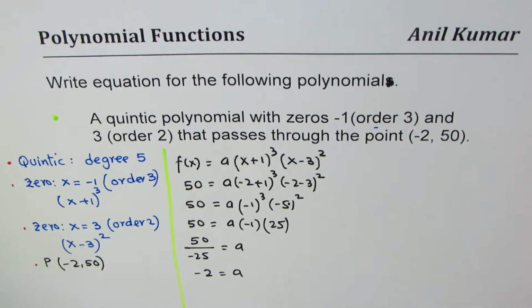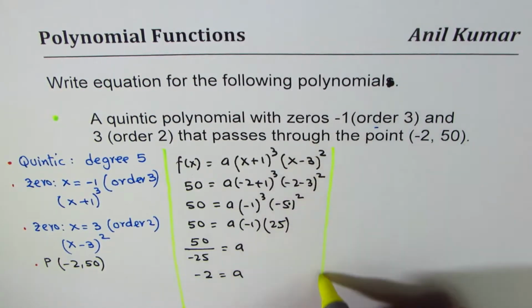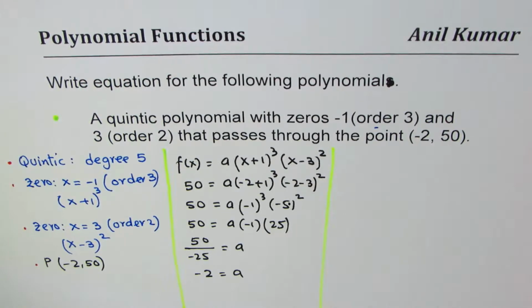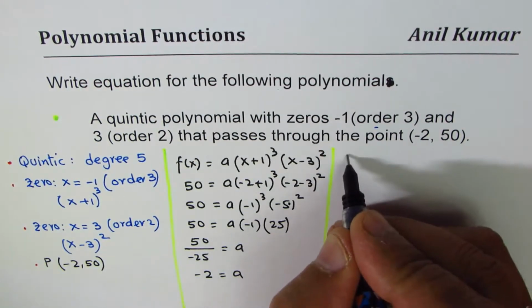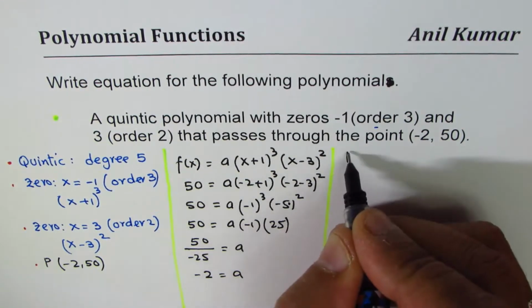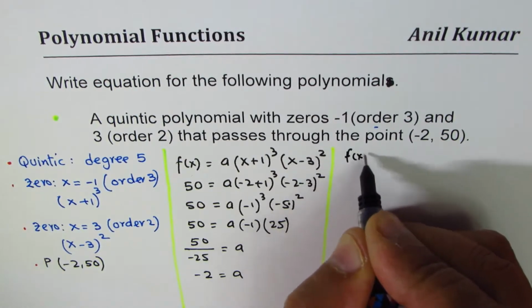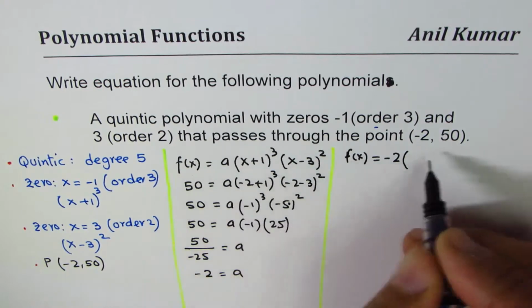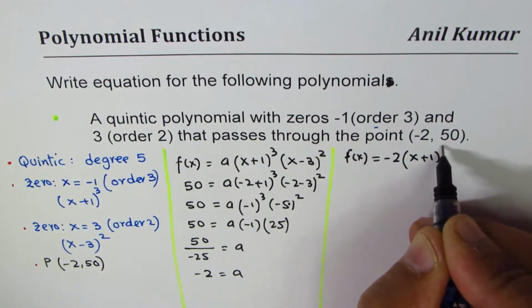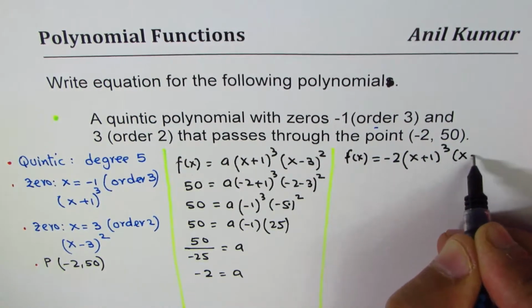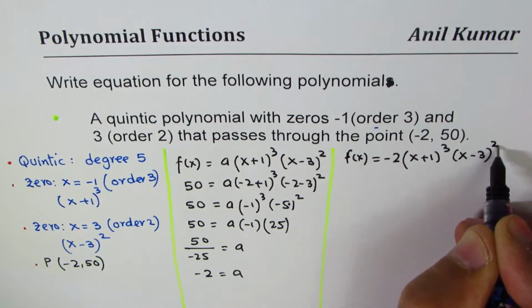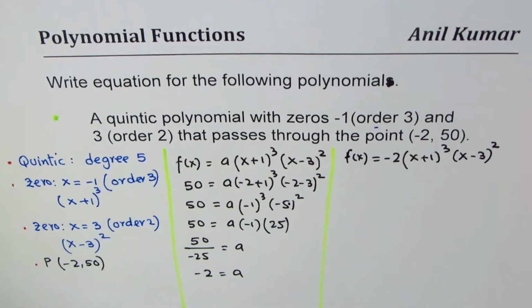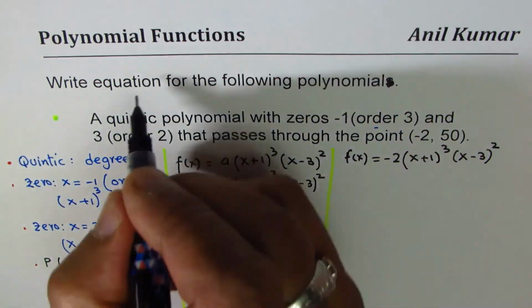So we have found the value for a. That means we can write the polynomial. So let me write down the polynomial f(x) now, as a is -2, so it is -2 times (x + 1) whole cube times (x - 3) square. So that becomes the polynomial. So the first thing is to write the polynomial equation for the given condition.